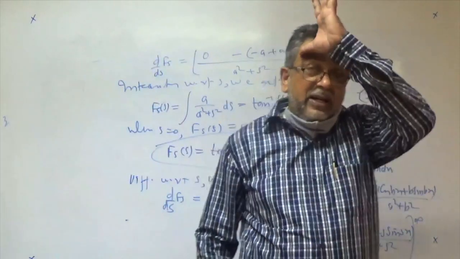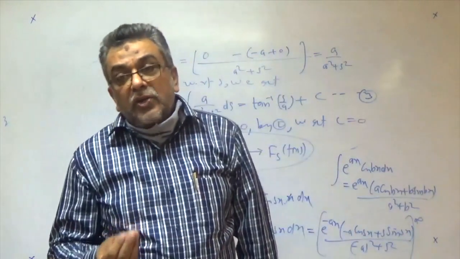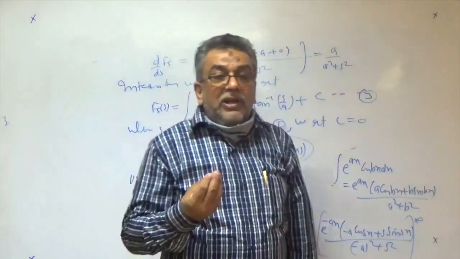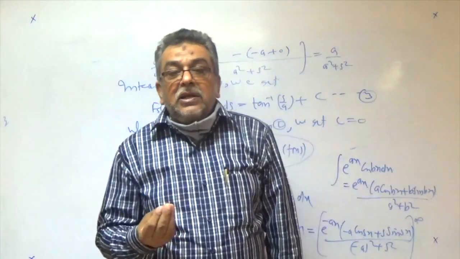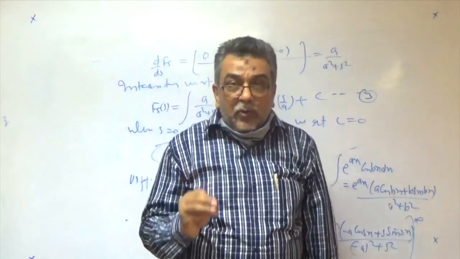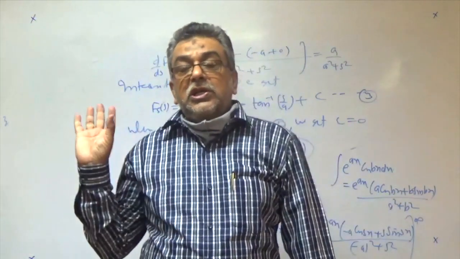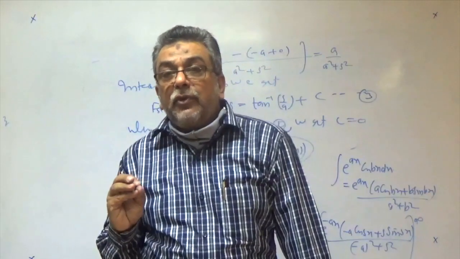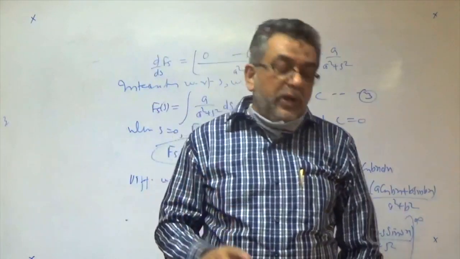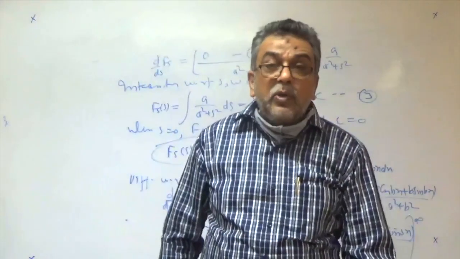This is the method. Whenever in the case of a Fourier transform you get an integral which cannot be calculated directly, then you have to use such a process. First, you have to differentiate with respect to s.